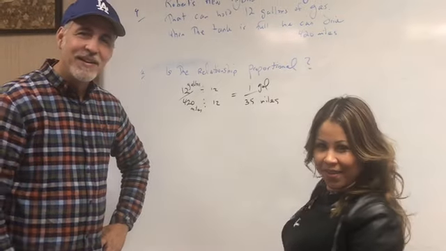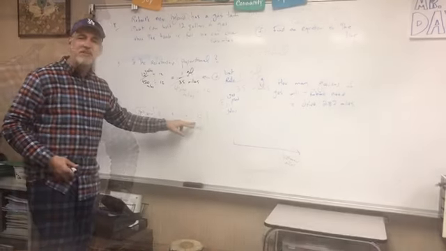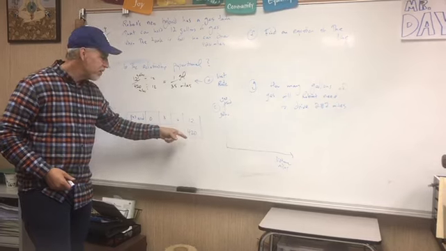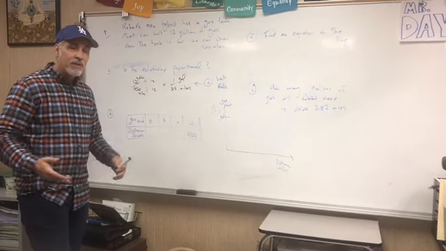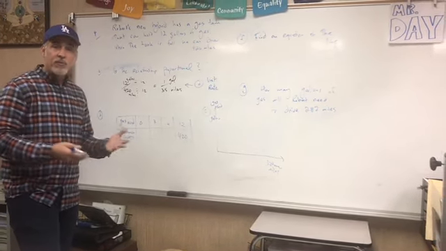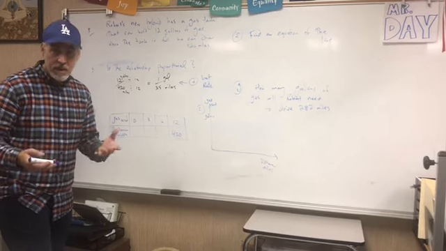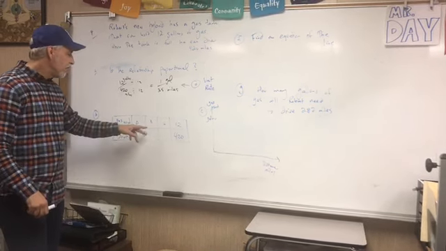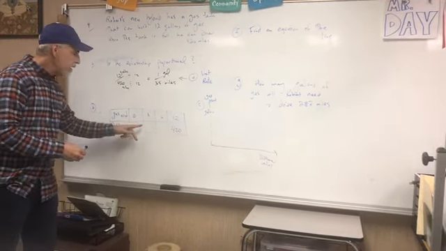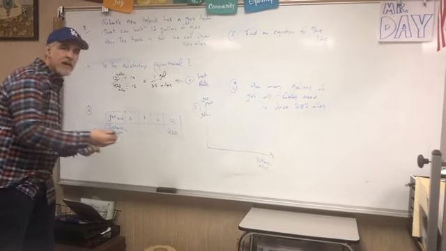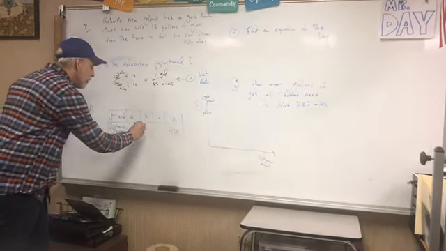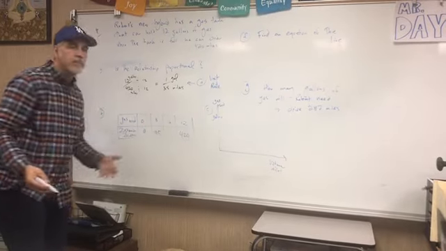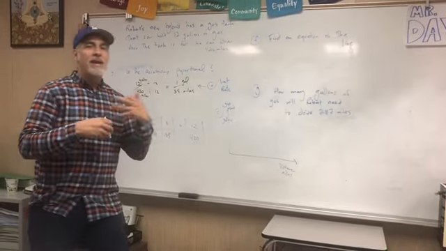That's right. Already got the relationship, 12 gallons for 420 miles. So every gallon is 35 miles. Therefore 3 gallons would be 105, 3 times 35. So 0 is 0, because when we've got no gas, we ain't gone nowhere.